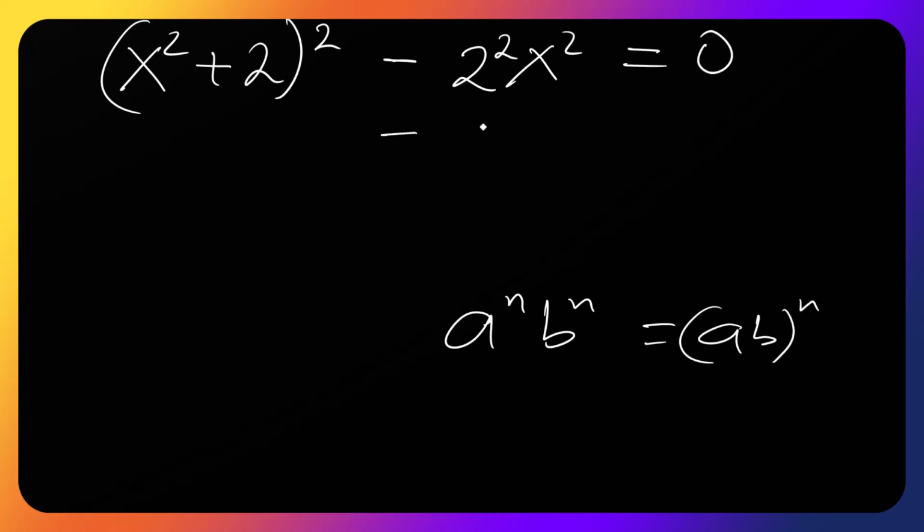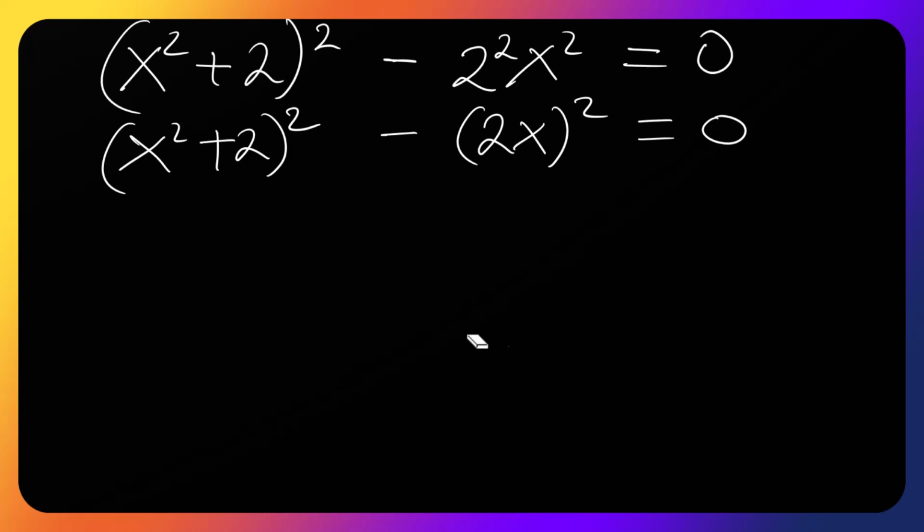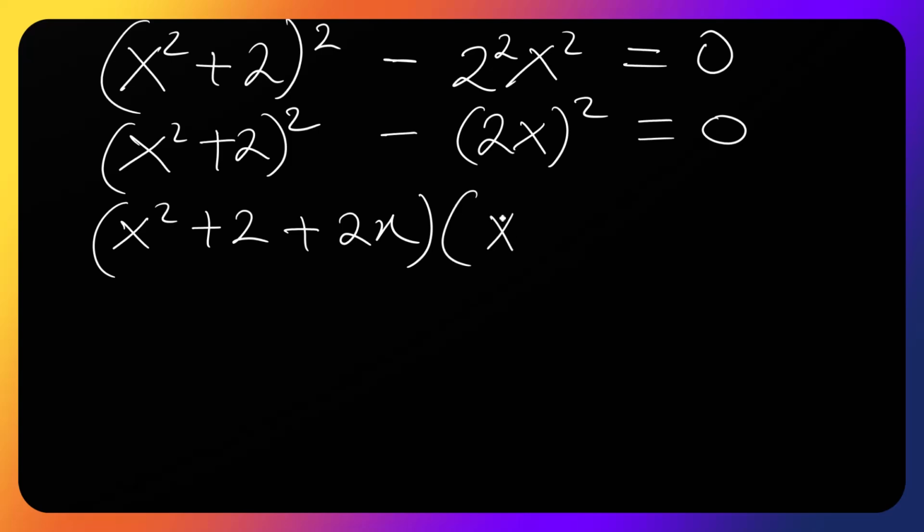So we have 2x all squared equals 0, and we have x squared plus 2 all squared. Now following the difference of two squares, from here we can say x squared plus 2 plus 2x, then x squared plus 2 minus 2x equals 0.